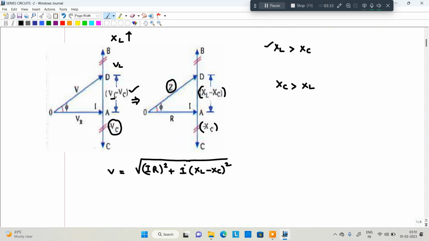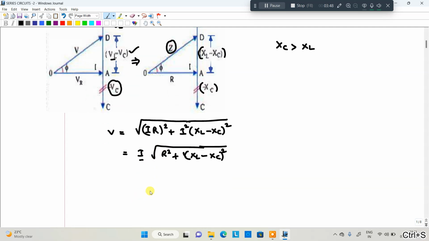I is common, so finally we have R square plus XL minus XC whole square. Taking I to the left hand side, V by I is equal to square root of R square plus XL minus XC whole square.